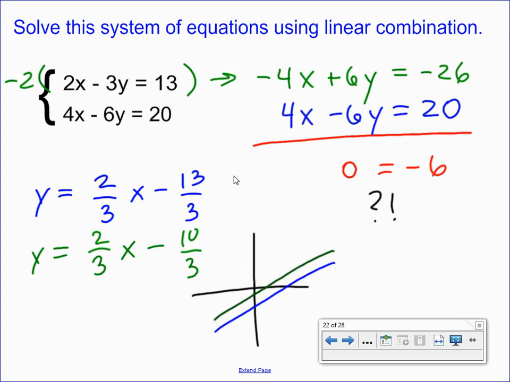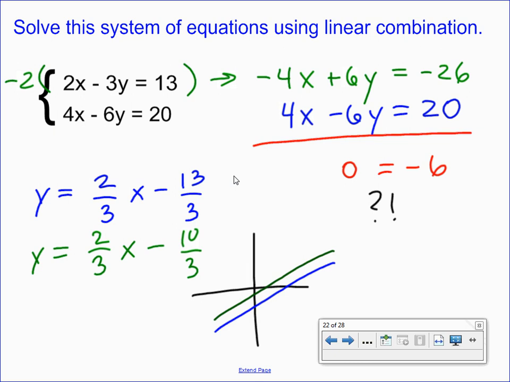How many times do those lines intersect? None. Parallel lines don't intersect at all, right? So how many solutions are there? No solutions. Graphically, parallel lines have no solution, no points of intersection, so the system has no solution.